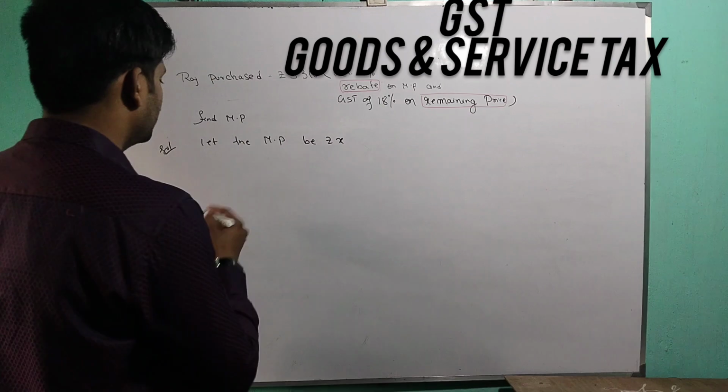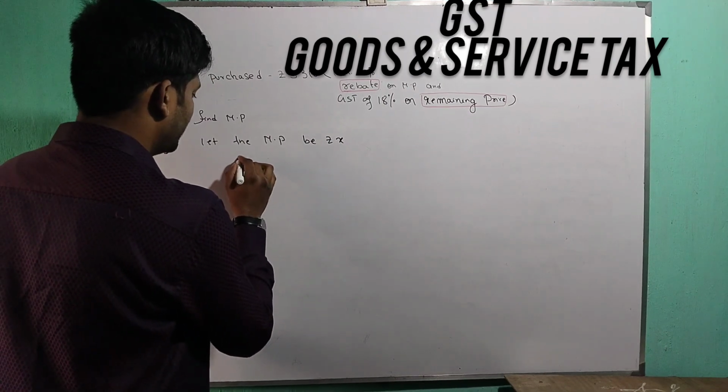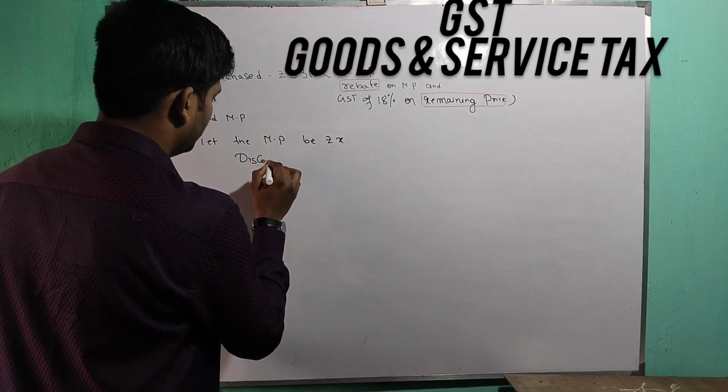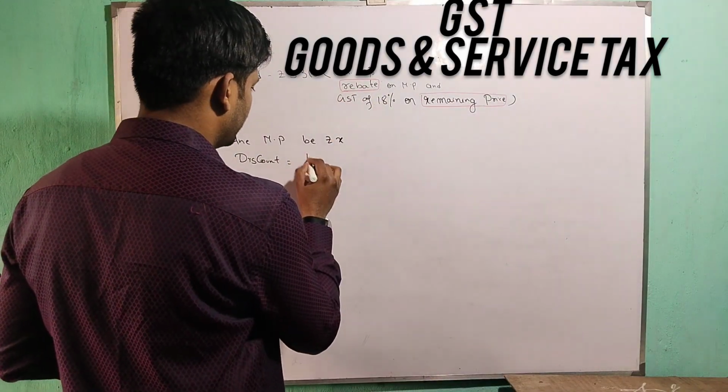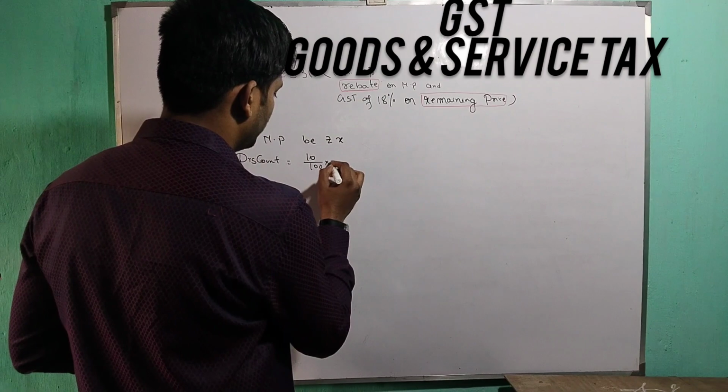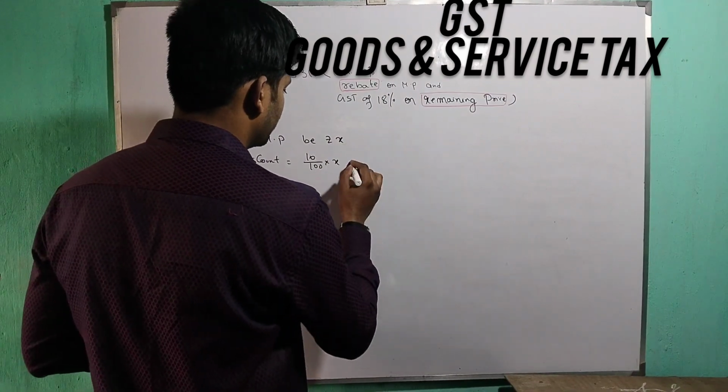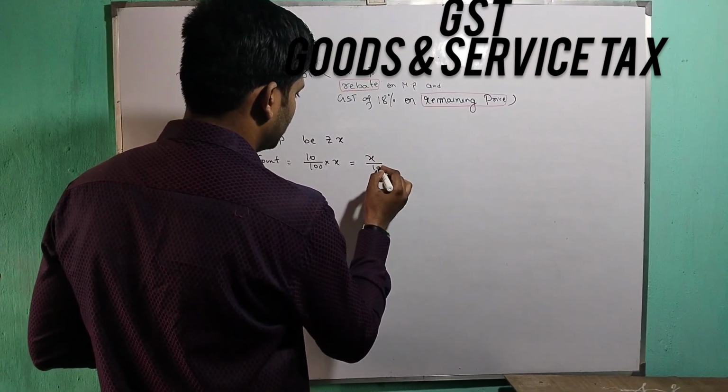The rebate, meaning the discount. Discount is how much? 10% on mark price, 10 by 100 into X. Same old process. So X by 10 rupees.